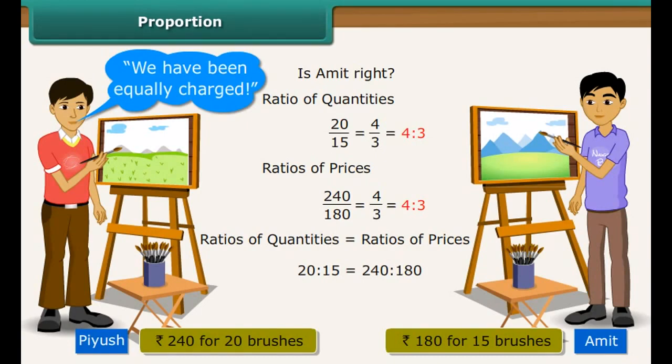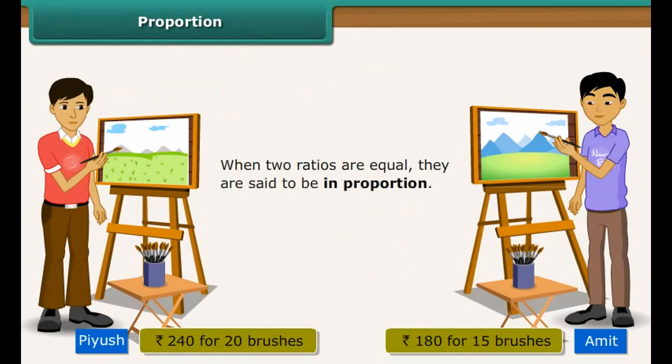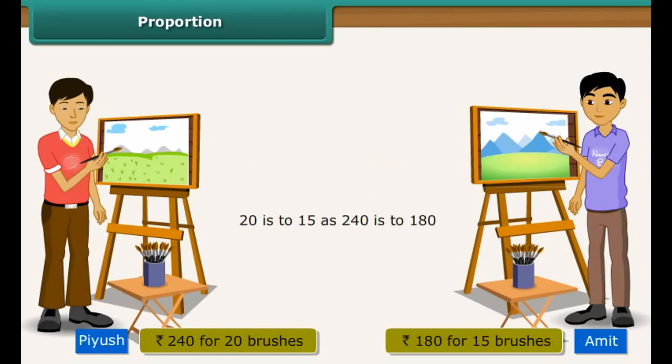Ratios in proportion are read as 20 is to 15 as 240 is to 180. Each number used in a proportion is called a term. 20, 15, 240 and 180 are terms. The first and the last terms are called the extreme terms. The second and the third terms are called the middle terms.